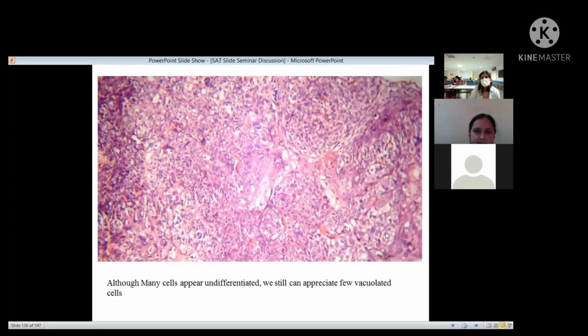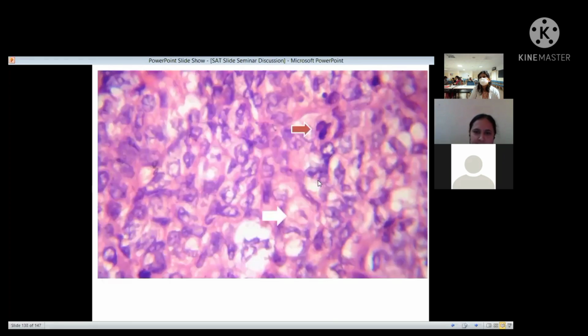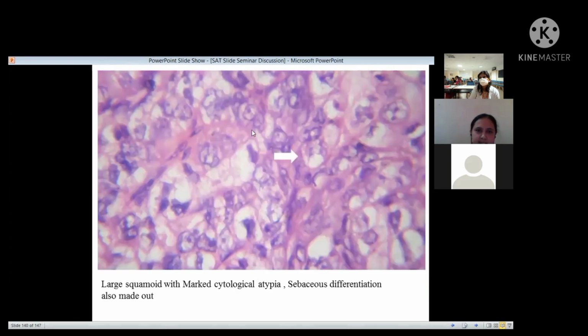Yes, there are mitoses and those foamy vacuolated cells we are able to appreciate in some areas. Can you see the foamy cytoplasm of these cells?